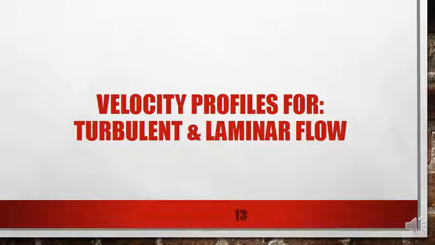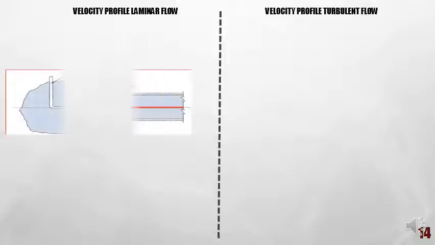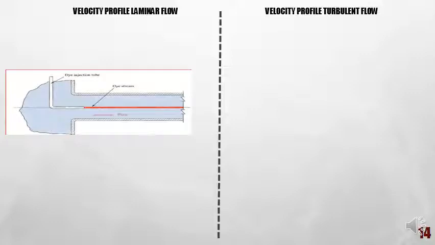In this chapter we will check what the velocity profiles look like. Our aim is to check the velocity profile in laminar flow and the velocity profile for turbulent flow. So I repeat again, here is how the flow looks in a laminar flow.